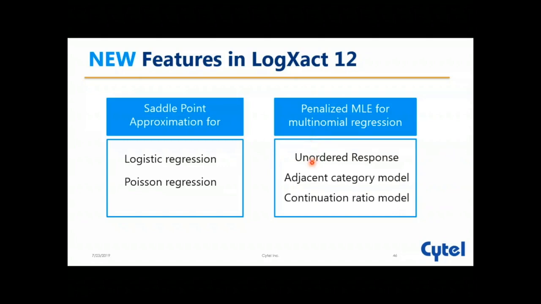Then we have developed the method for three model types: for unordered response, for adjacent category model, and for continuation ratio model. Penalized likelihood method was already developed in LogExact for binary outcomes and count outcome. So we have extended it in this version for multinomial outcomes.